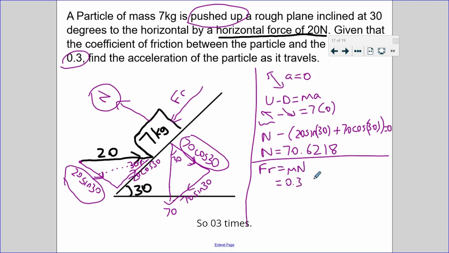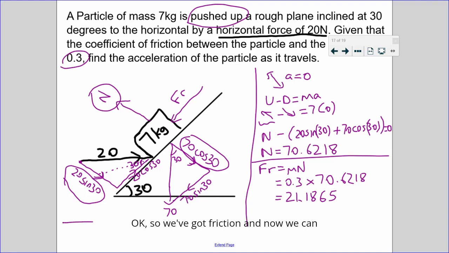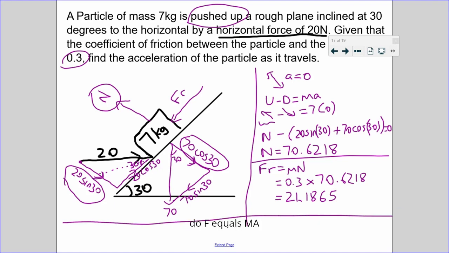So 0.3 times n. Okay, so we've got friction, and now we can do F equals ma in the other direction.